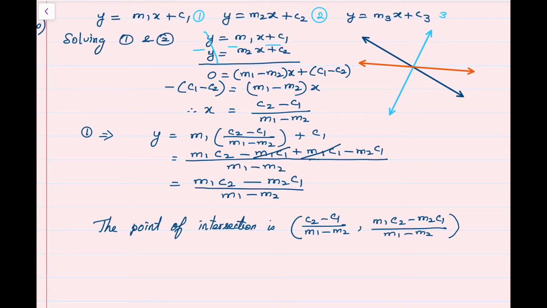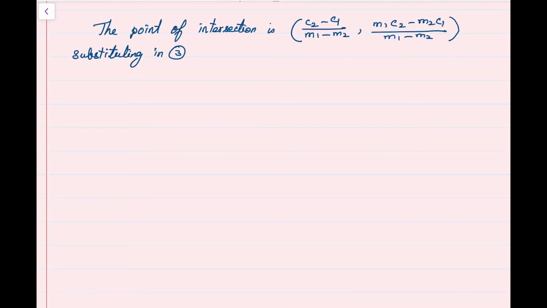Since the lines are concurrent, the third line also passes through this point. Substituting in the third equation. The third equation is y is equal to m3x plus c3.